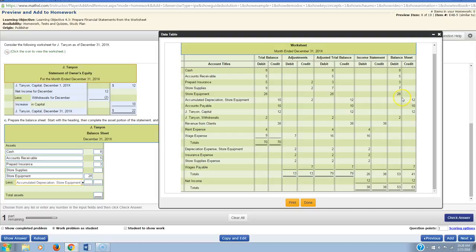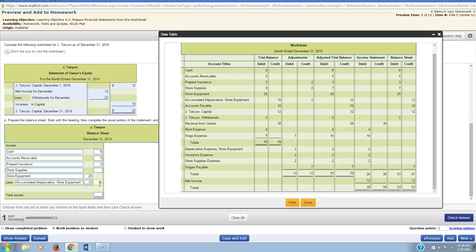The credit offsets the debit, and it follows that logic when we go to the balance sheet, whereby we subtract the 12 from the 28 to show what we call the book value of the asset after having subtracted $12 from the original cost of 28.